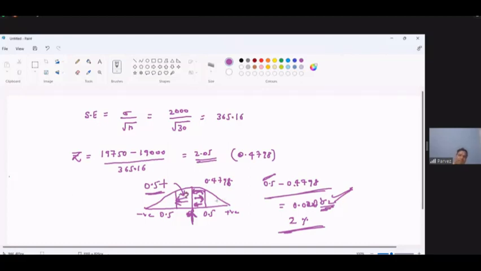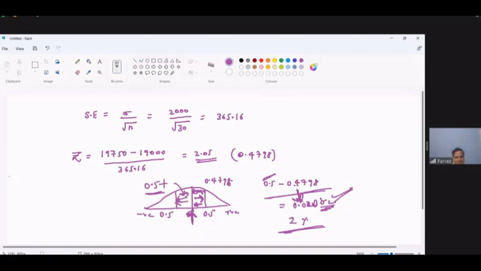Clear? So 0.5 minus 0.4798. After subtracting, the answer is this.